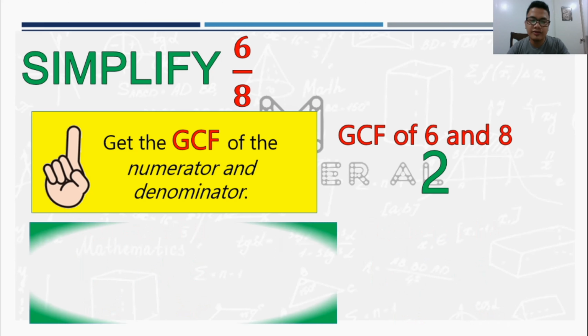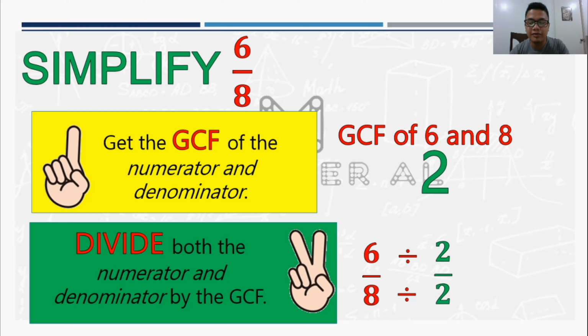Now, for step number 2, we will be using that GCF because we have to divide both the numerator and the denominator by the GCF. So how to do that? If we have 6 over 8, that's our original fraction, our given, divided by 2, both the numerator and denominator.